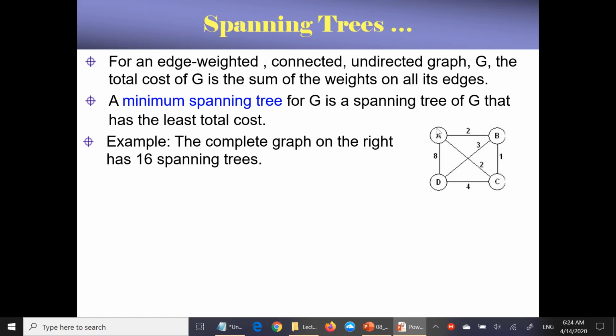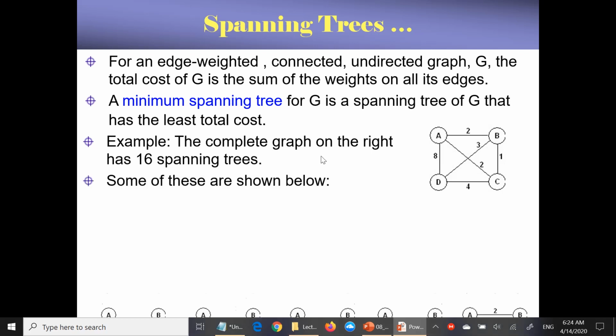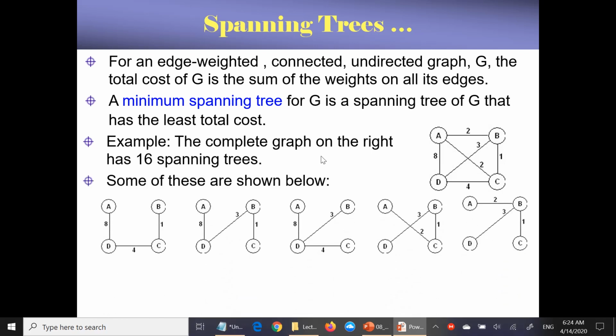Now because this graph is complete, actually there are many ways we can connect the graph and try to avoid the cycle. In other words, there are many spanning trees, a total of 16 of them. Okay, so the complete graph on the right has 16 spanning trees. Here are some examples of them.